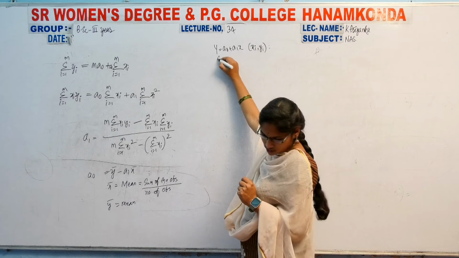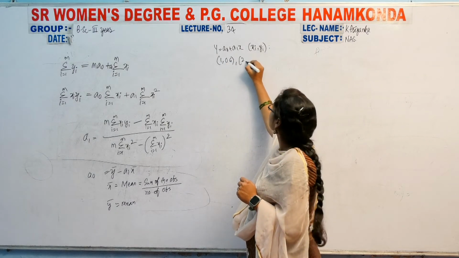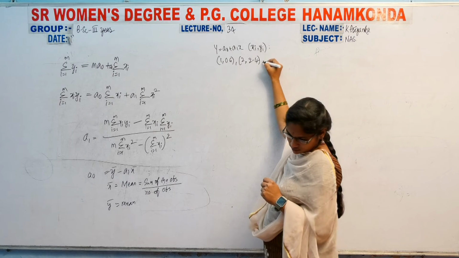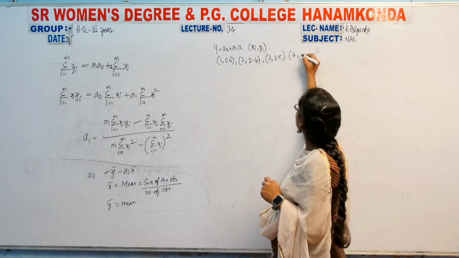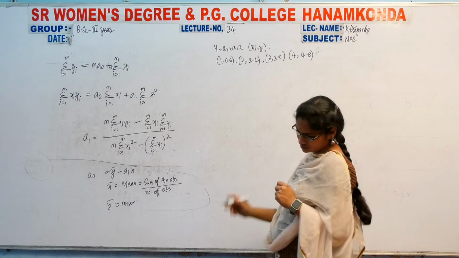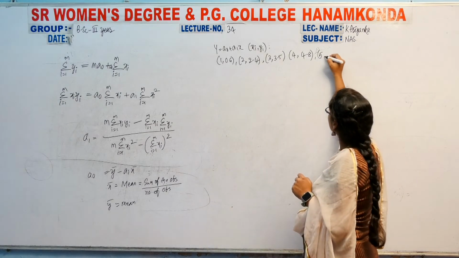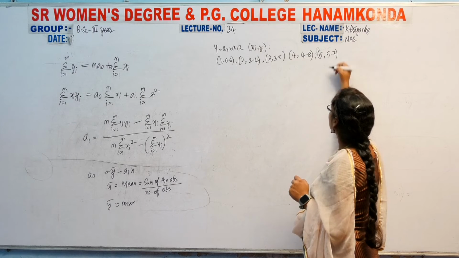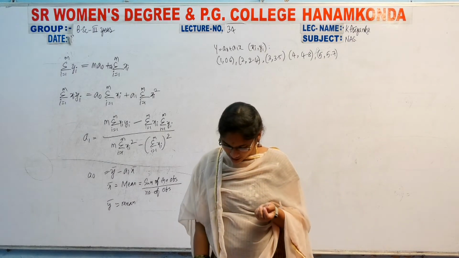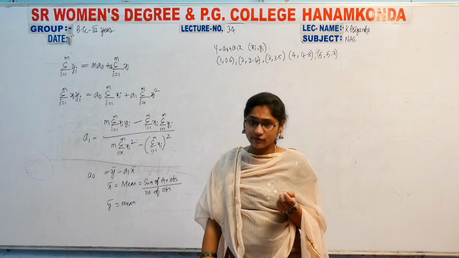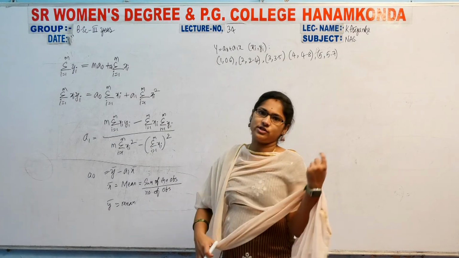Write down the continuation: 1, 0.6, and so on. This is the given data, and for this we have to find the values of a naught and a1. And of course, after this, also find the correlation coefficient.